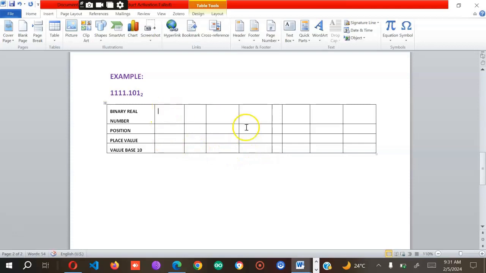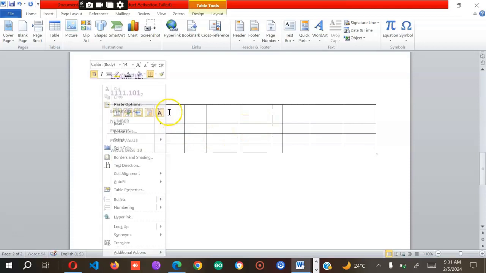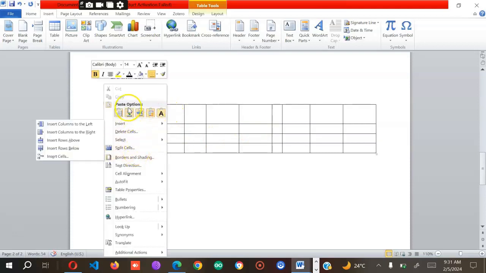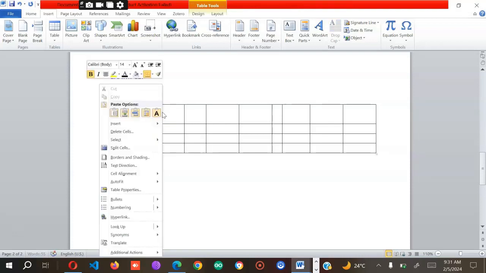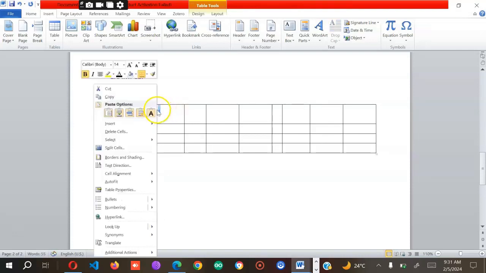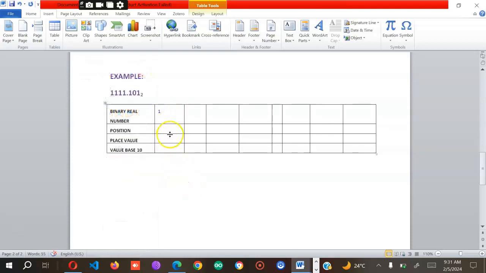So our number, as usual, you write down the number. Then 1, 1, 1. Then we have the point there. Then 1, 0, and 1.